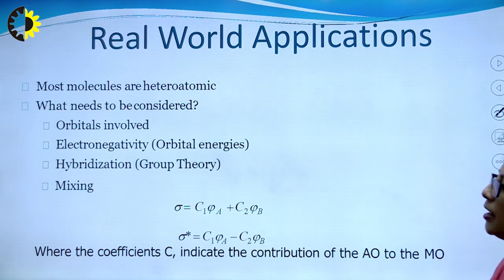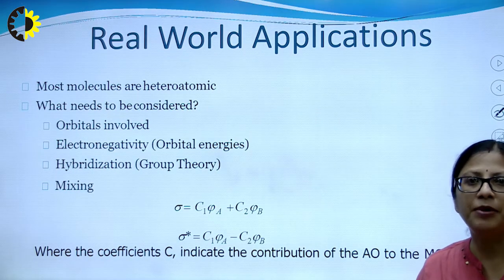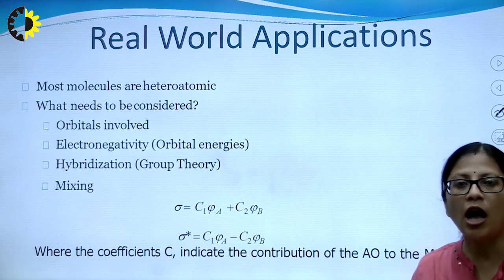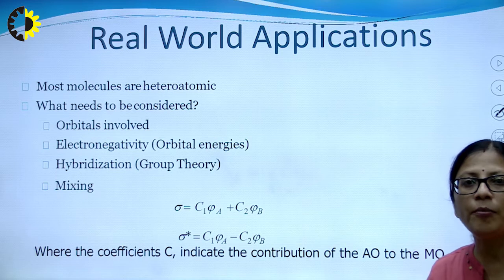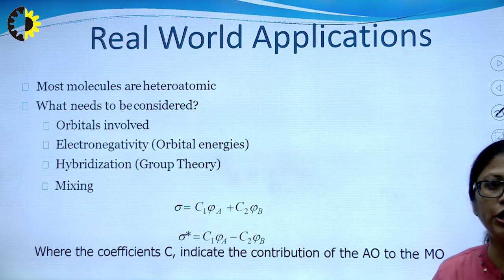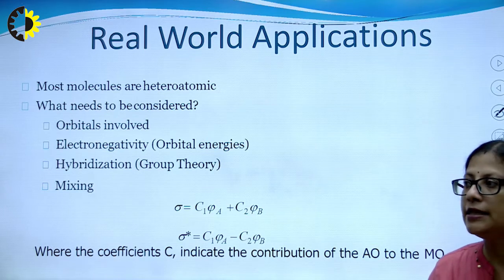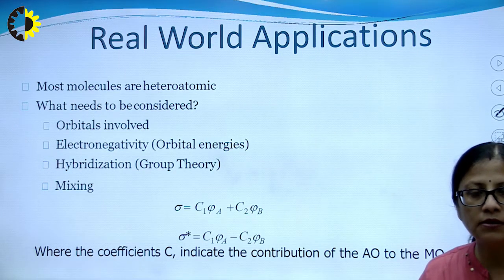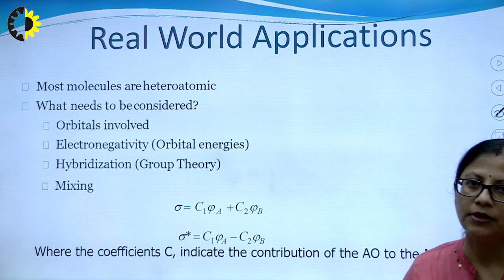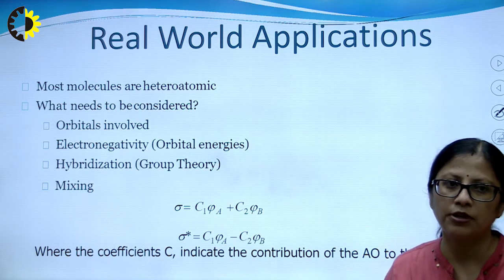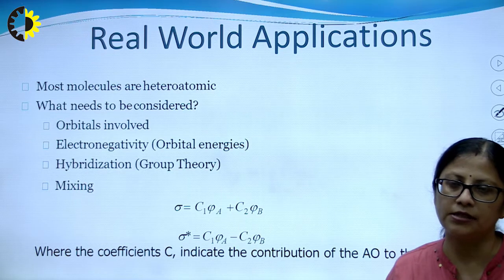Now, coming to real world applications, generally the molecules are heteroatomic. So, how does MOT explain the bond formation between heteroatomic molecules? What needs to be considered? The orbitals being involved, the electronegativity which decides the orbital energies, then the hybridization and mixing of orbitals.